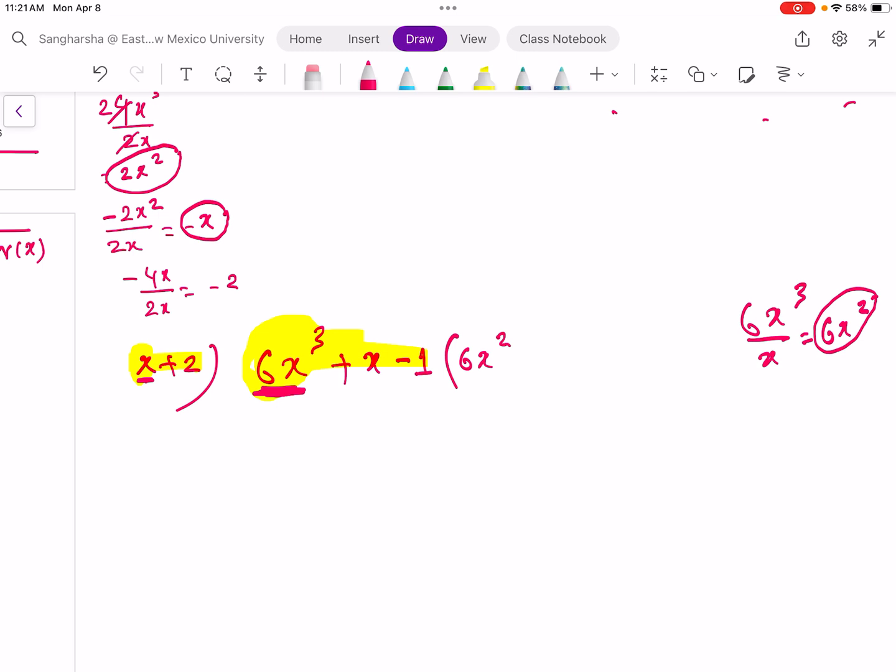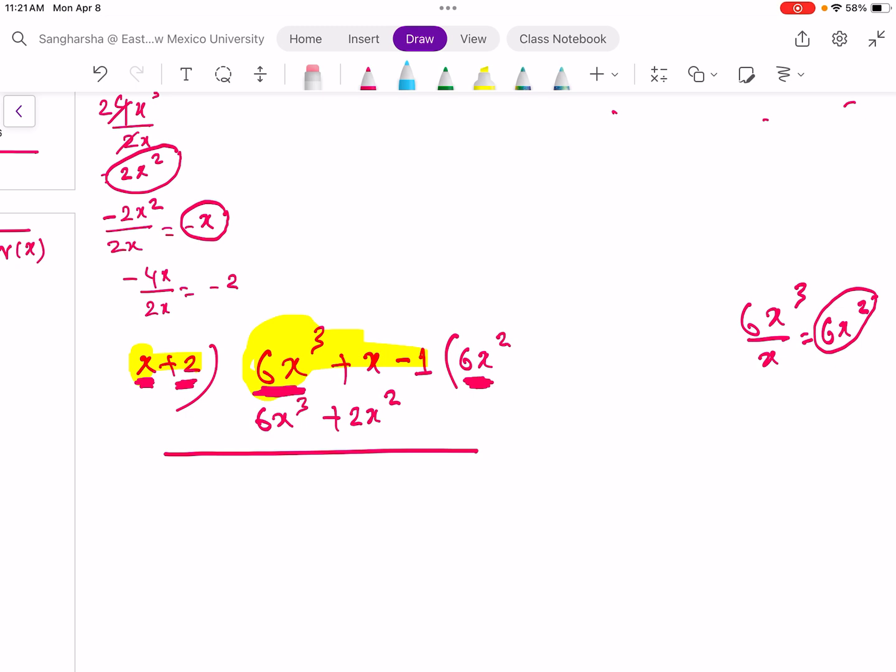Next we multiply this quotient and every term of the divisor. 6x squared times x is 6x cubed. 6x squared times positive 2 is positive 12x squared. Next we change sign.